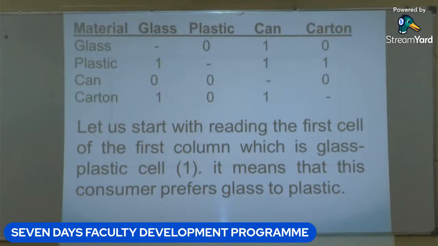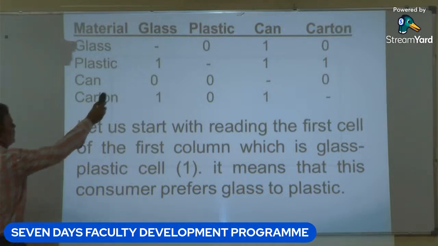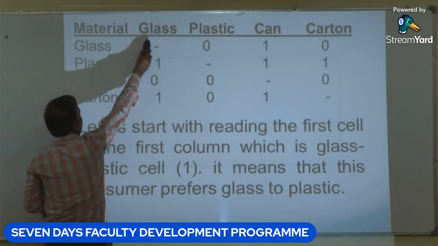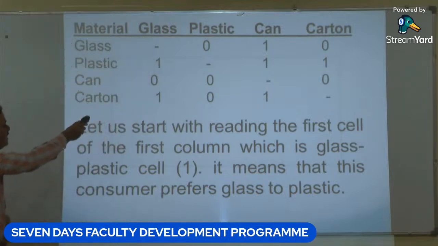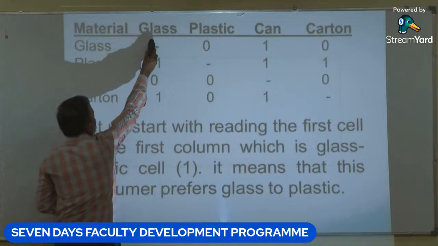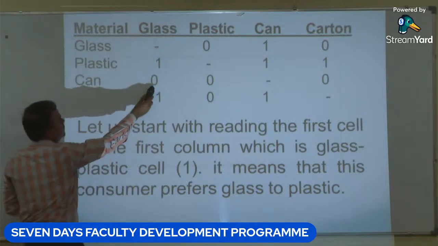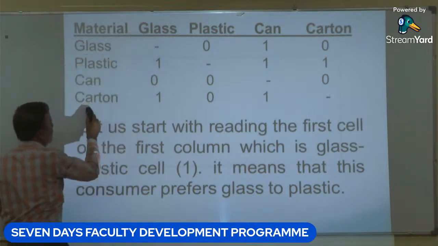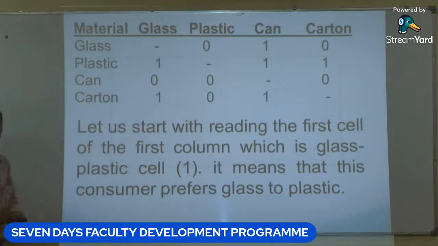Here 1 is represented, so he is preferring glass to plastic. And if you take the second, glass to can is 0, glass to carton is 1. This is the opinion of each person, written like this.